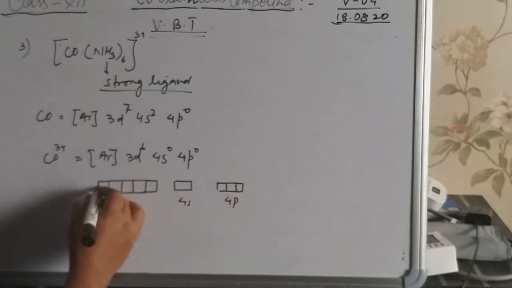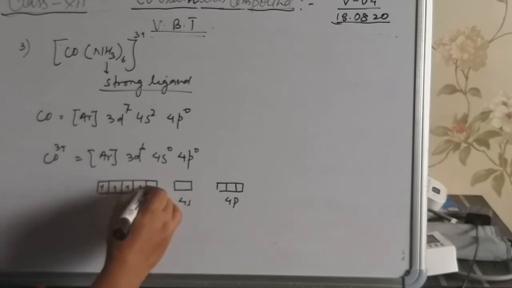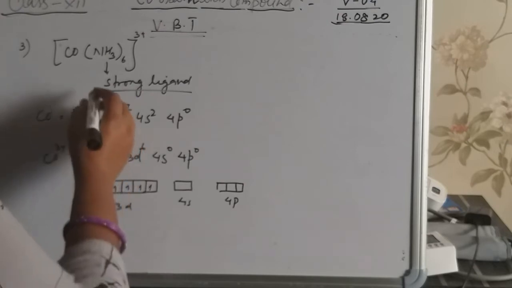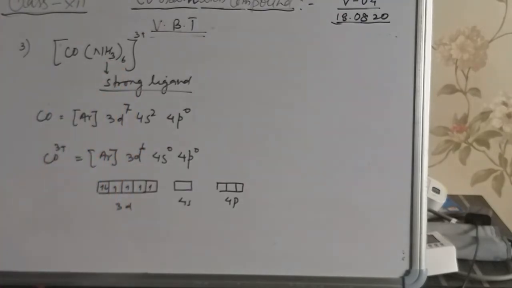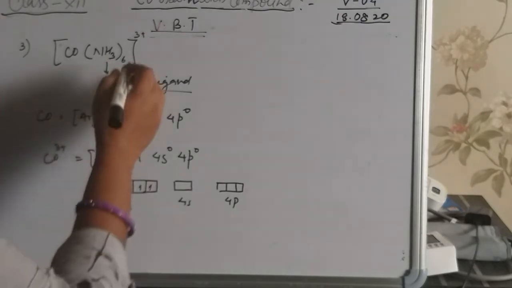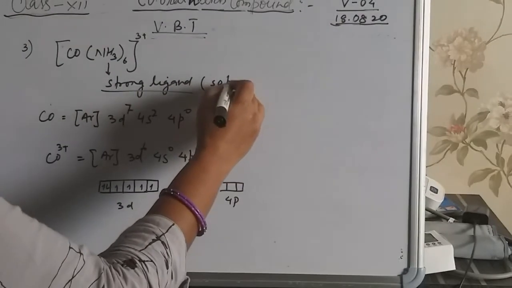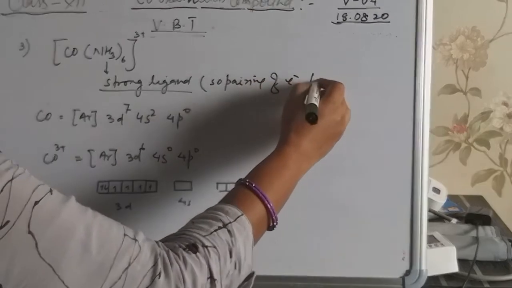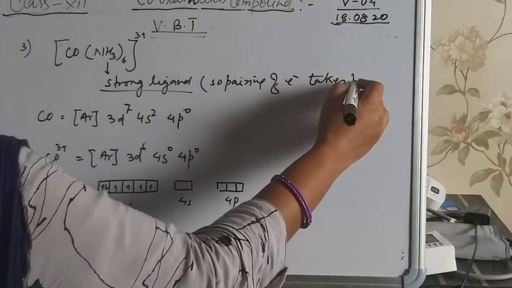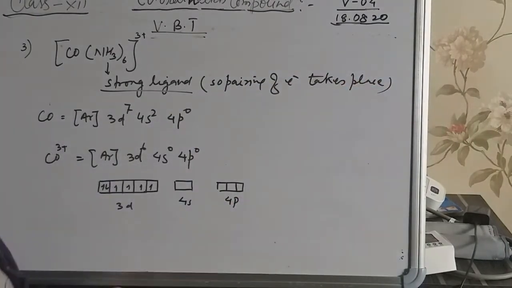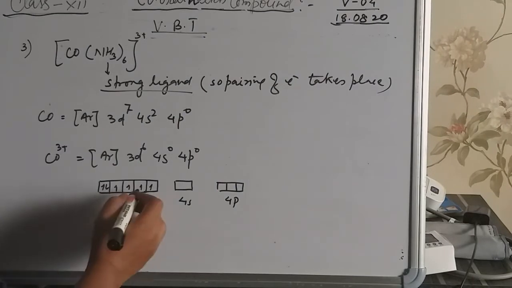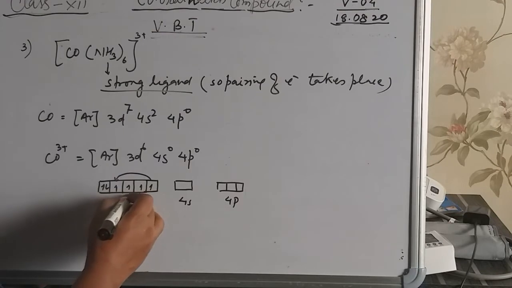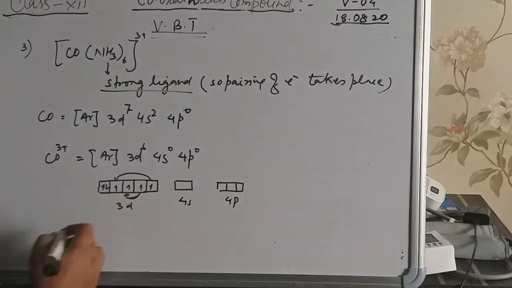In 3d6, 1, 2, 3, 4, 5 and 6. As NH3 is a strong field ligand, pairing of electrons takes place. In that condition, this comes into and this goes into this.